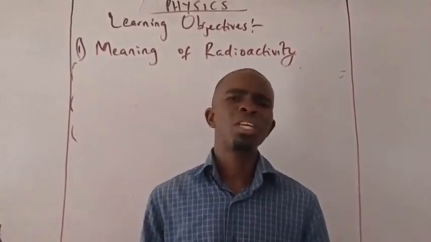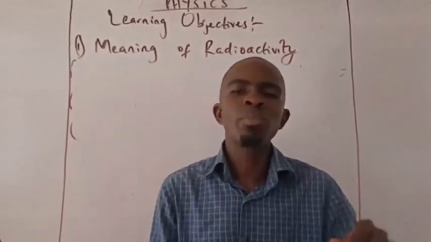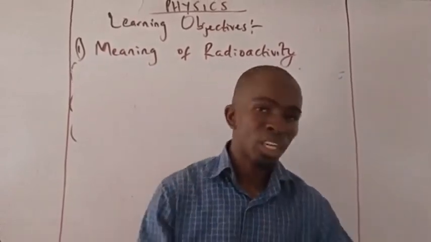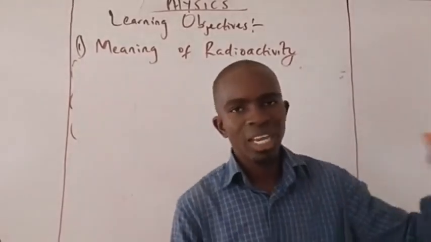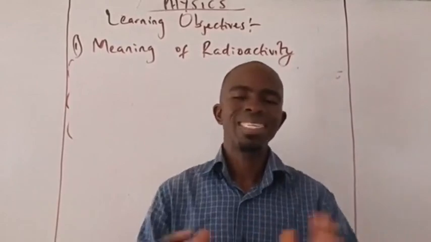According to the definition, we need to know the meaning of the word spontaneous. Spontaneous means naturally. Something should occur naturally. Now, what's the meaning of the word decay? Decay means something should split, die.